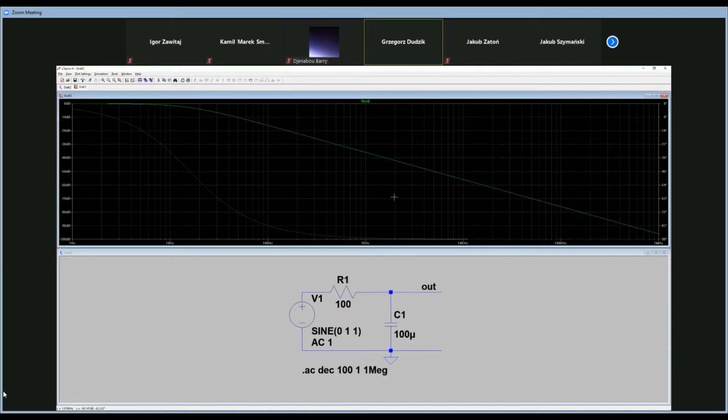Yes. All right. So the question is, what is the slope of this characteristic on the logarithmic scale for 1 decade? Let's find it, because we wanted to get much faster.